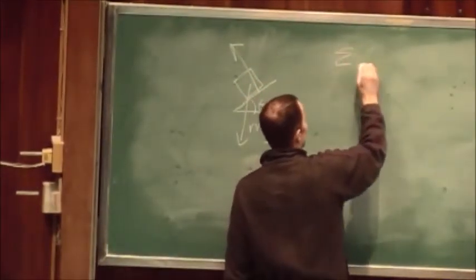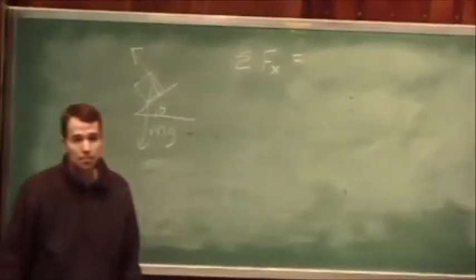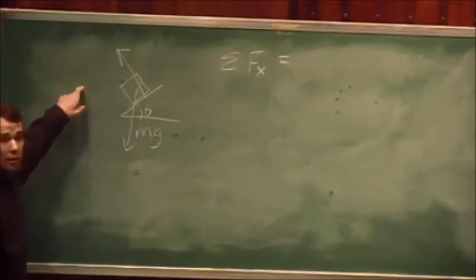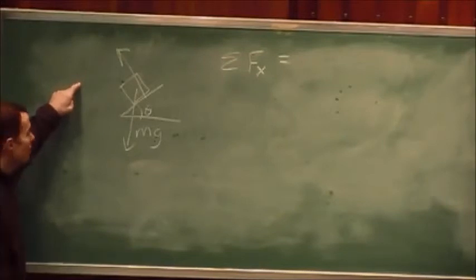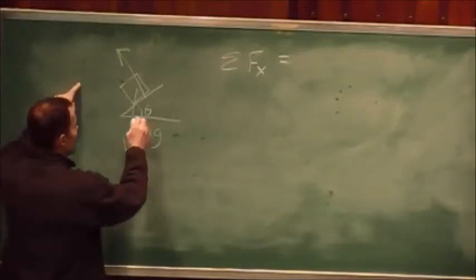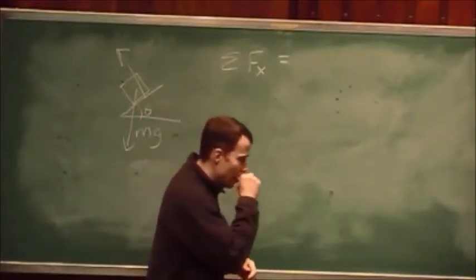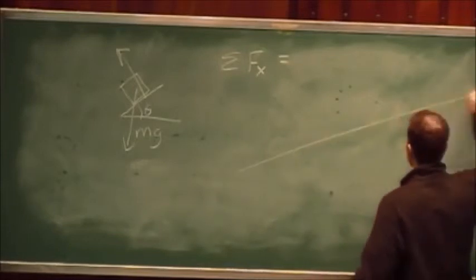So if I take the sum of the forces in the x direction, what am I going to get? Just the normal force, right? The component of the normal force that's coming in like this, which is what? Well, maybe I should draw this diagram just a little bit bigger.